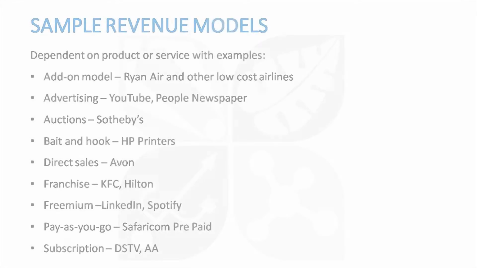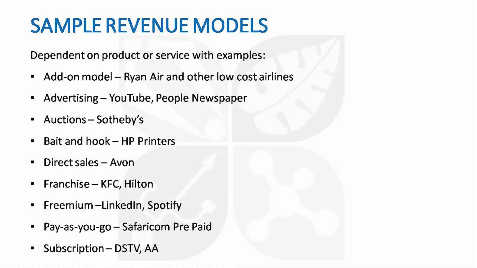Pay as you go, we've discussed Safaricom. Classic, yeah? Subscription, you could still look at Safaricom postpaid, but things like DSTV, where you pay a monthly fee, be it monthly, quarterly, whatever duration, to access continued services. You don't pay, they cut you off. So that's subscription models. This is just a couple of them.